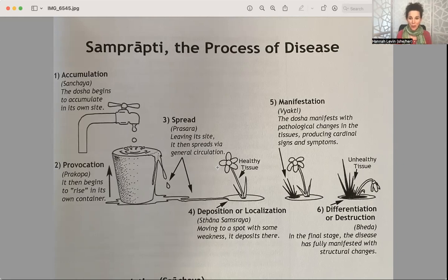So I hope that this was interesting. I hope it's inspiring, not scary. And I hope that you're curious about learning your constitution, the dosha predominance, and any imbalances that you have that are categorized as dis-ease. You can learn the tools through diet and lifestyle changes, perhaps using some herbal medicine as well, to support your body to live in optimal balance as you age, so that you don't need to feel like you're just declining as you go through life.